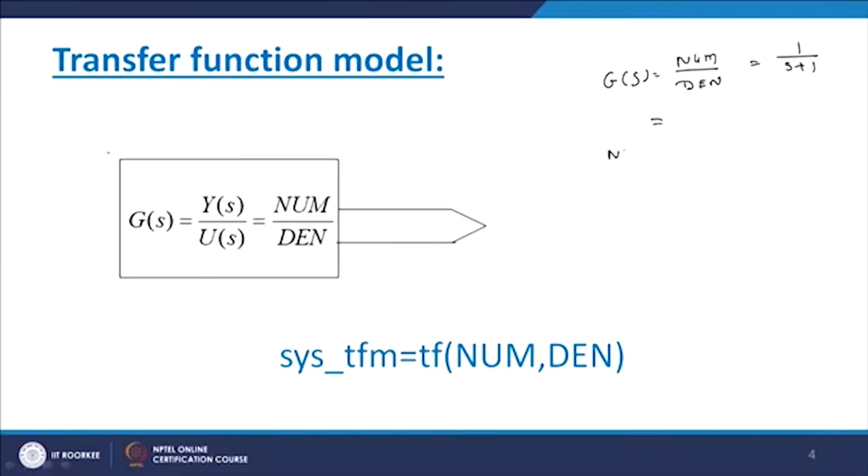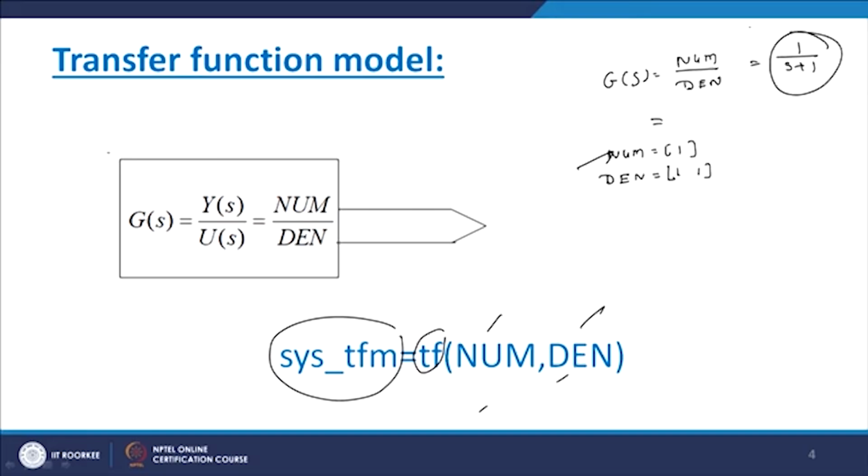So, in that case you have to write a command, say numerator num 1, and now we have to write denominator den. Now, here s plus 1 we write 1 1, and finally the complete system transfer function, that is sys or TFM, transfer function model equal to TF. So, this is the command TF. Now, with this numerator and denominator we will get a transfer function like this using MATLAB.